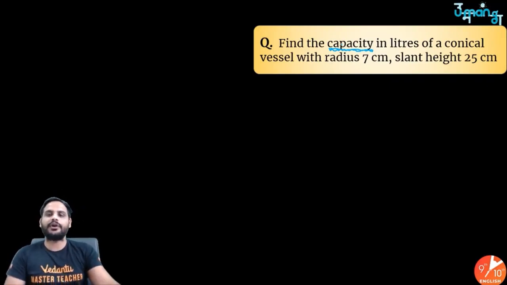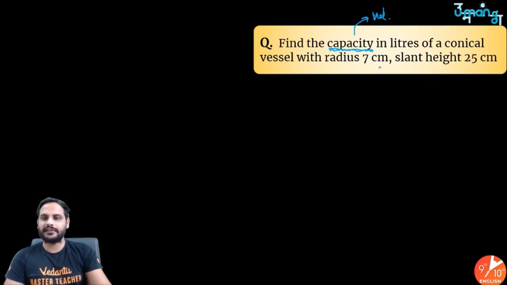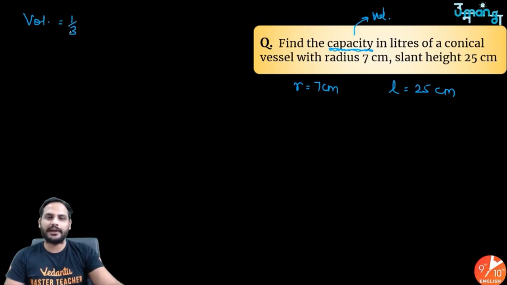So since it is talking about capacity, I know it is talking about volume. Simple, direct. It says capacity in liters of a conical vessel with radius 7 centimeter, slant height 25 centimeter. The volume I know is equal to 1 by 3 pi r square h.